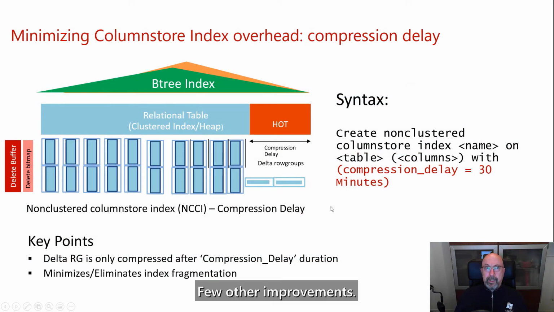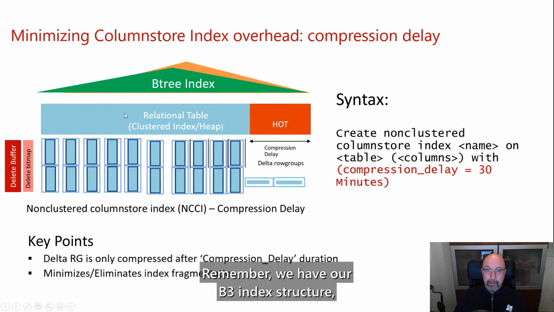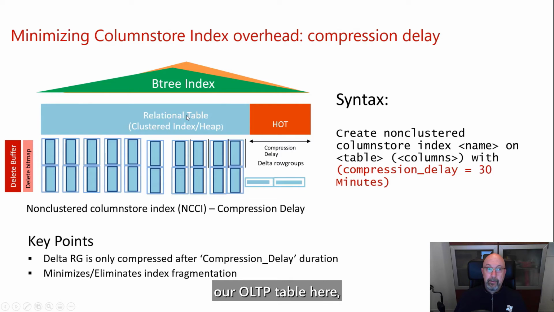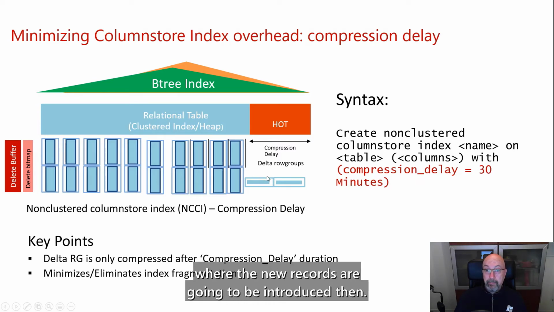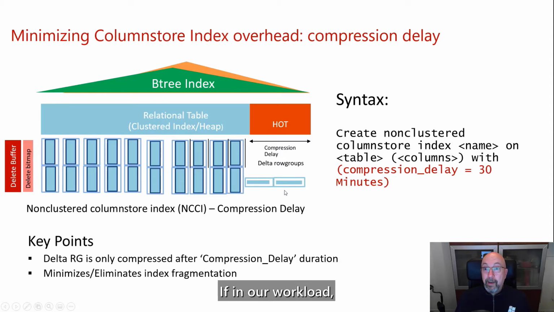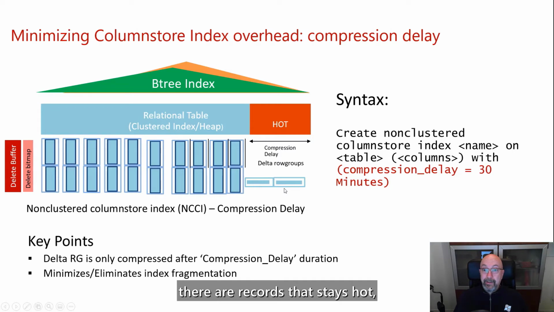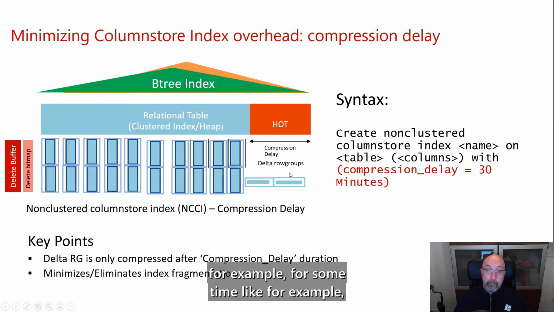A few other improvements. Remember we have our B-tree index structure, our OLTP table here, and when we insert new data, we typically have the hot portion of the table where the new records are introduced. In our workload, there are records that stay hot for some time.